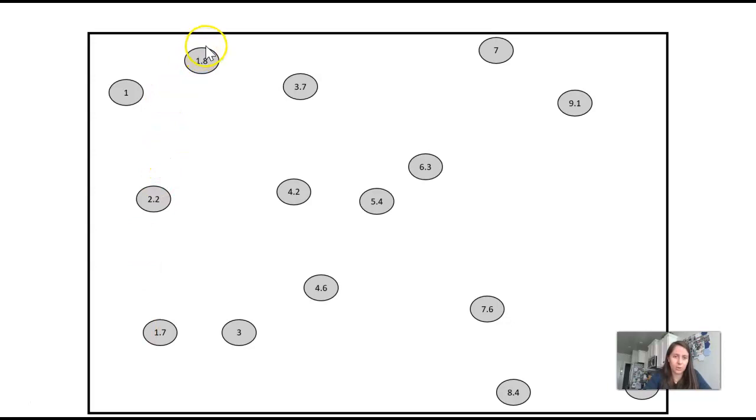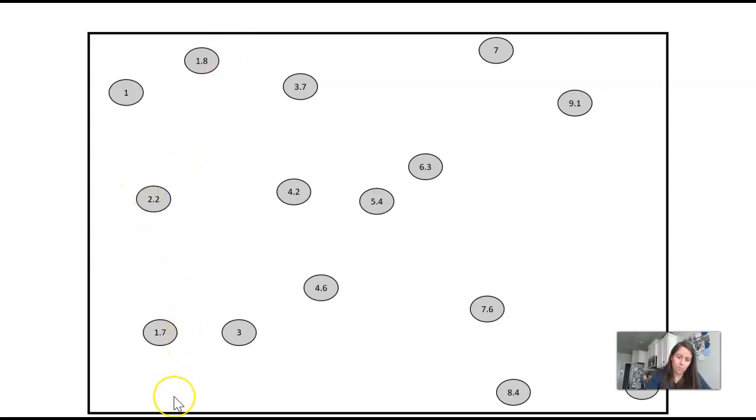I know that number 2 has got to be further than 1.8, but before 3.7, closer to 1.8 though. So it's going to go somewhere around here. Over here, I know that 2 has got to be to the left of 2.2 because it's less than 2.2. So my line is going to do something like this. And then I know that it's going to go in between 1.7 and 3, a little closer to 1.7. So my line at the very least has got to do something like this.